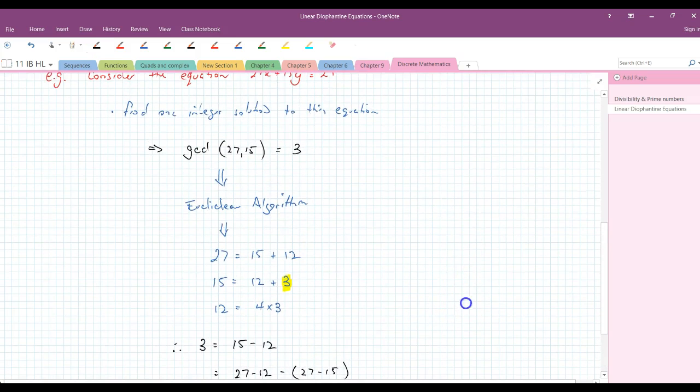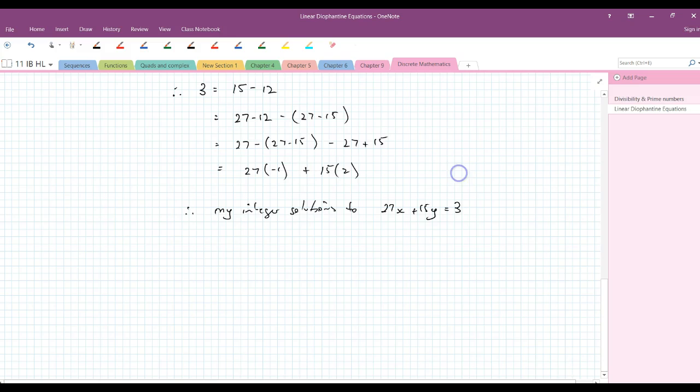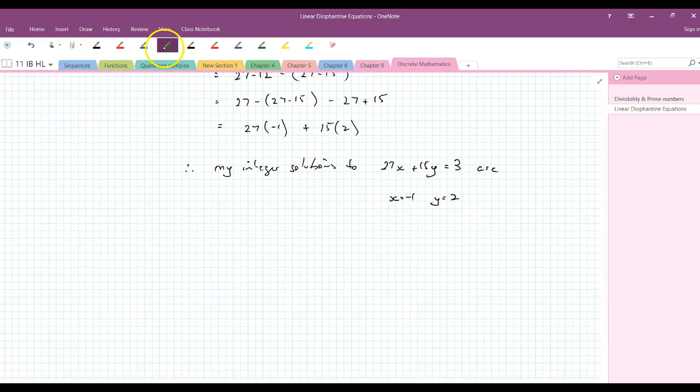I'm going to move to 21 in a minute, but I first find the solution for the greatest common divisor of 27 and 15, and then I work in. However, for 27x plus 15y equals 21, I'll rewrite that.